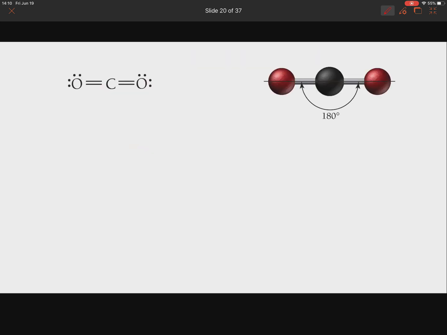So for example, in carbon dioxide, carbon, being the center, has 2 electron groups around it. It has 2 double bonds. Now these double bonds would be repelling each other since they are full of electrons, and so they would repel each other in this direction, they would repel each other in this direction, and they'd end up being as far away from each other as possible, on opposite sides of the carbon.